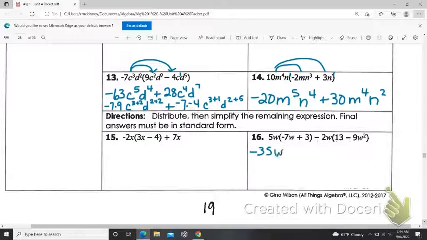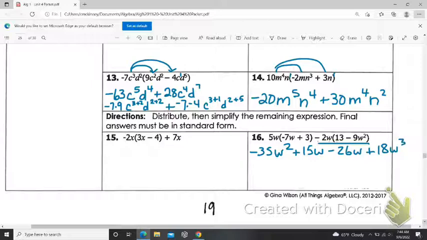Negative 35w to the second plus 15w from the 3 times 5. And then over here, new set of distributing. Negative 26w plus 18w to the third. And now here's one that we do need to move around to put it in standard form.